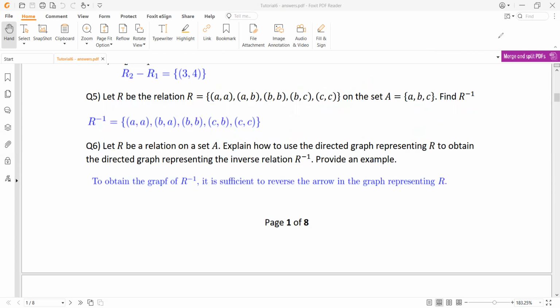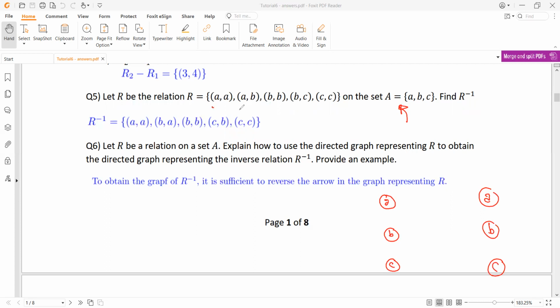Yes, of course. So for the inverse R, if I have, for example here, A, B, C, A, B, C, and I'm going to demonstrate it on question number 5.